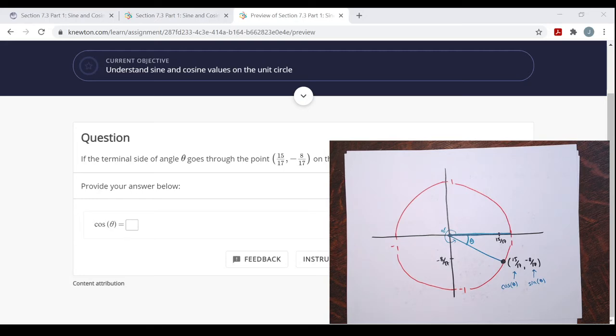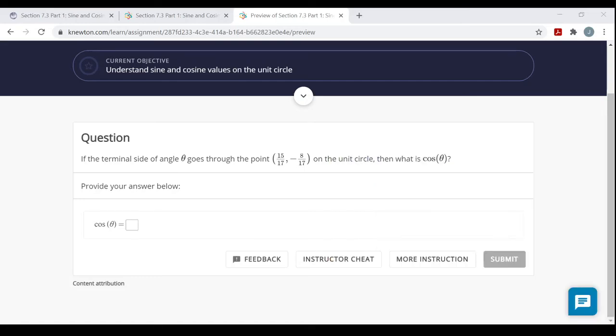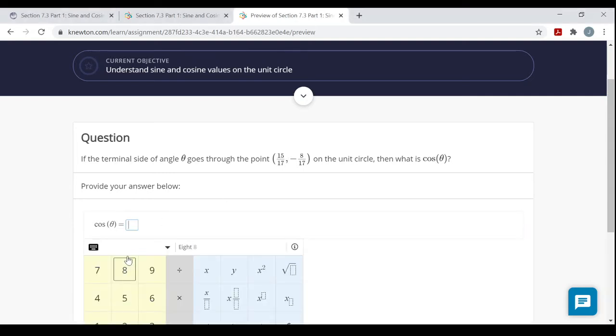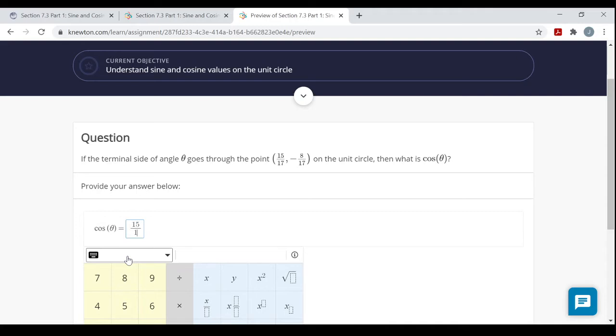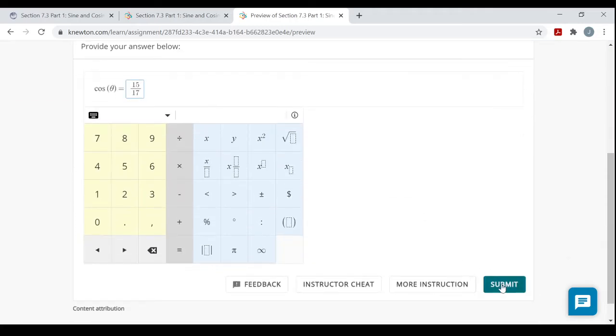And it's really as simple as that. All you have to remember is cosine for x, sine for y. So what would be the cosine, if this is a point on the unit circle? 15/17. So I'm entering 15/17 as a fraction there.